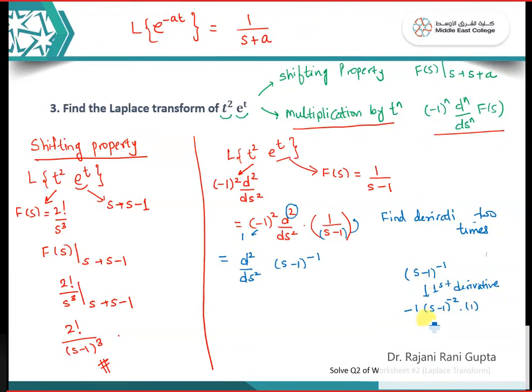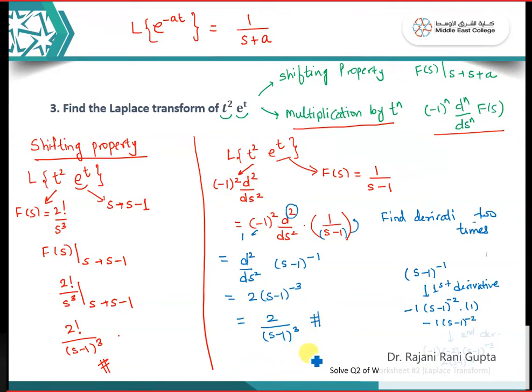So this will be minus 1 times (s minus 1) power minus 2. When you differentiate it again, second derivative, minus 1 is already there, this power comes here, minus 2 (s minus 1) power minus 3. So when you simplify, this gives you 2 (s minus 1) power minus 3. So here you will get your answer as 2 times (s minus 1) to the power minus 3, which you can write as 2 over (s minus 1) to the power 3.